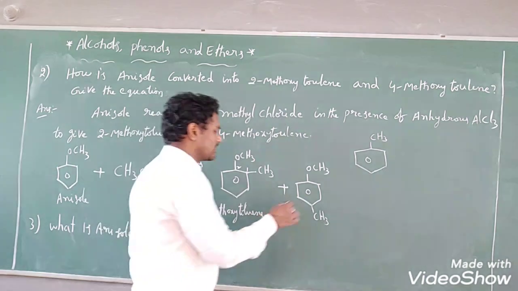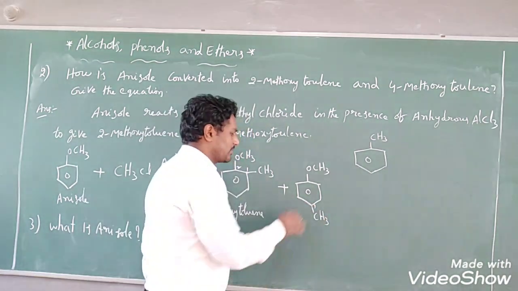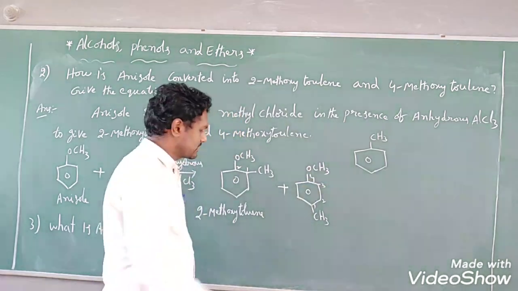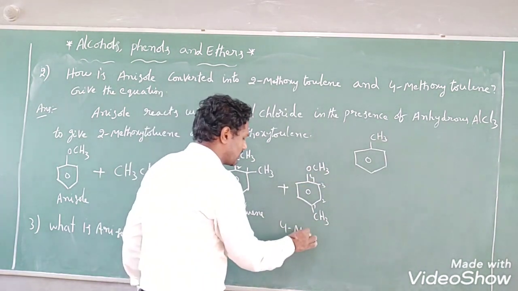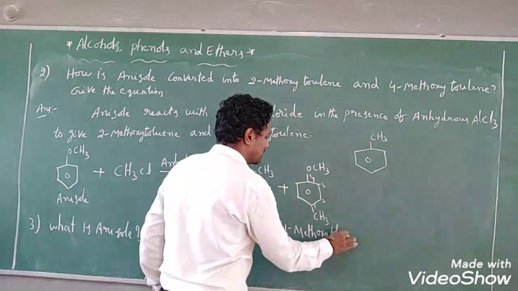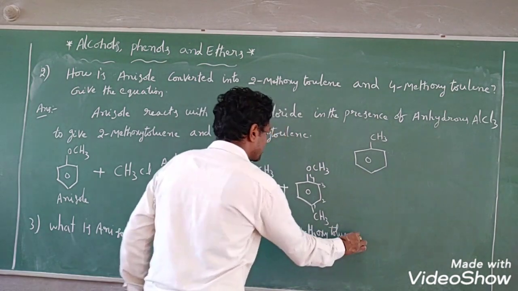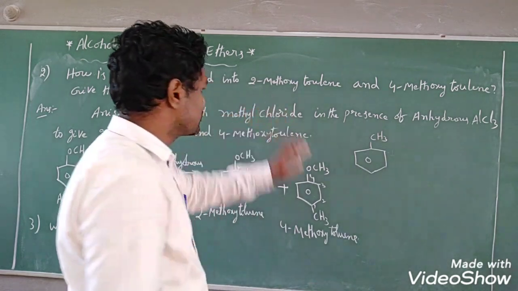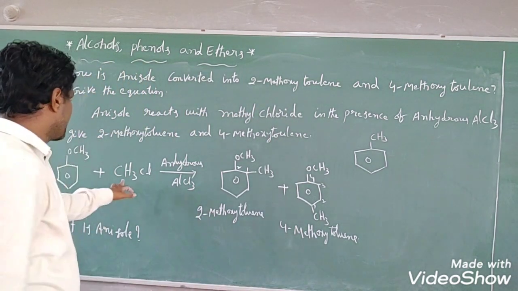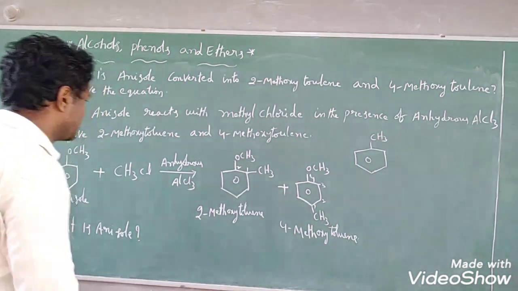With methoxy at the fourth position, this is 4-methoxytoluene. Like this, we can convert anisole to 2-methoxytoluene and 4-methoxytoluene by the Friedel-Crafts alkylation method.